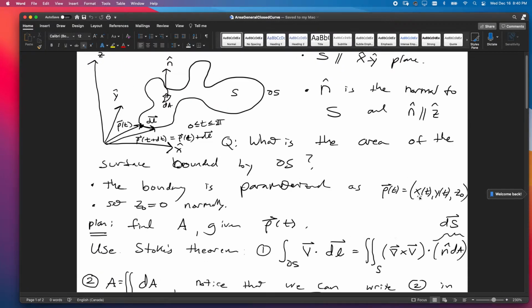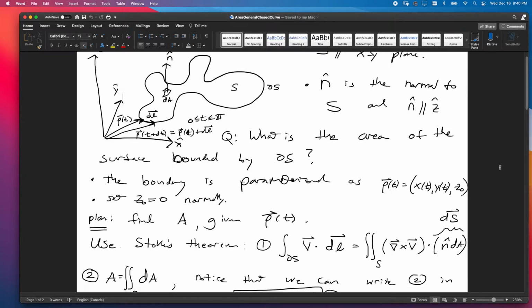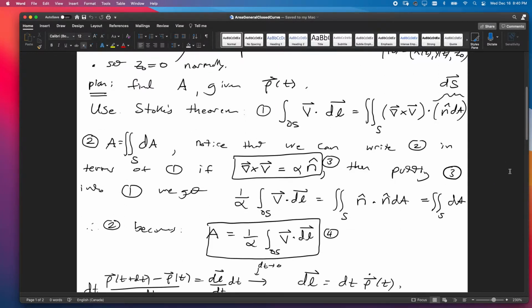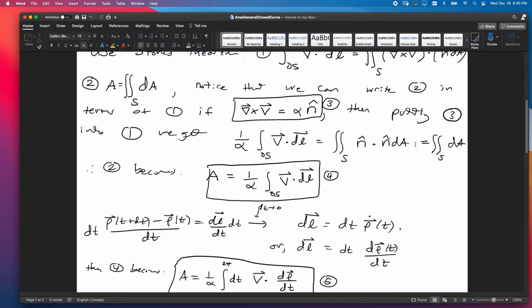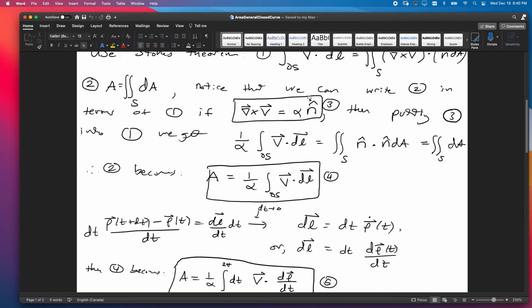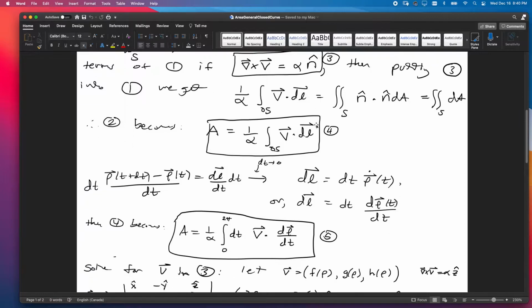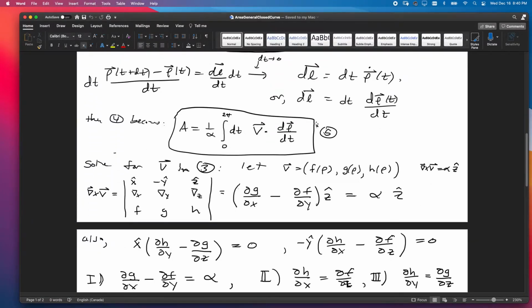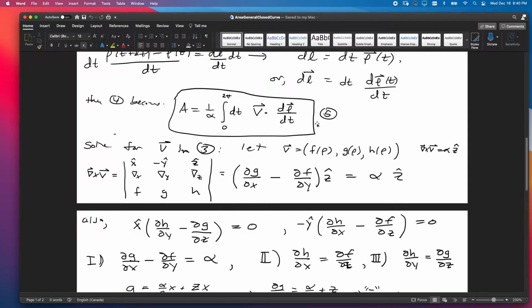Okay, so let's just finish this up. I found out my problem. The problem was that I was trying to find this vector v which satisfied equation 3, and I was trying to do that by writing out v in terms of x, y, and z components.